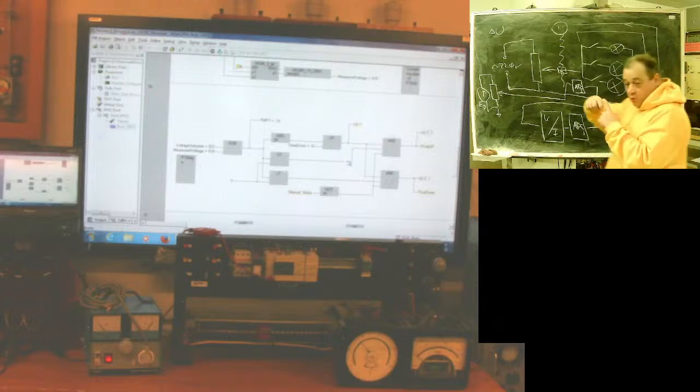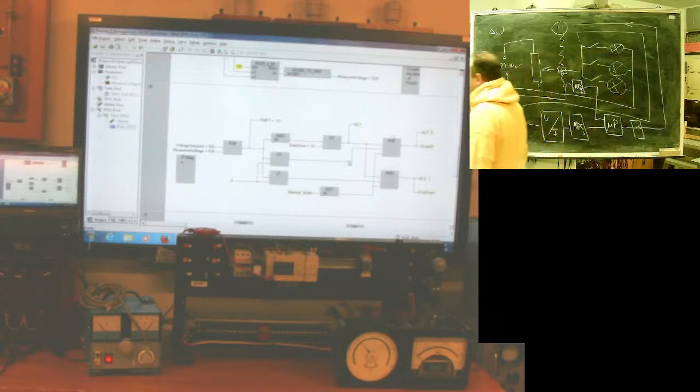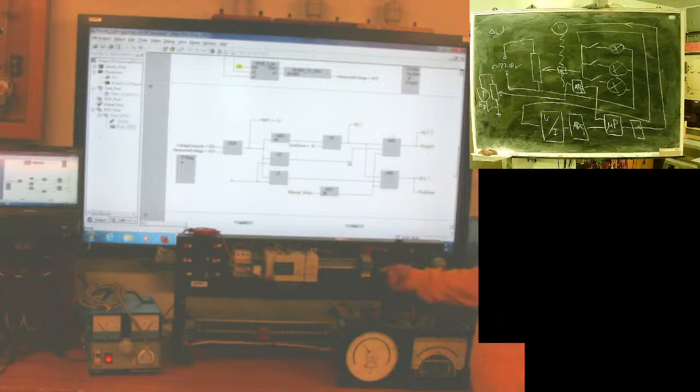Because you connect to one wire and then to the next and to the next, and there is a space between them. I can set 200 volts. Should stop somewhere here.